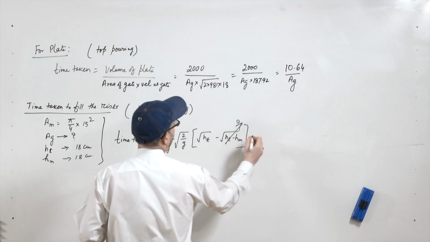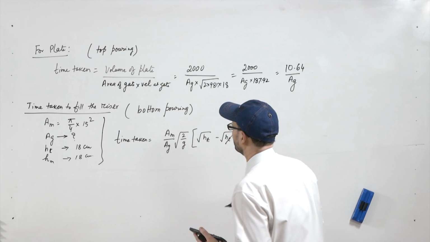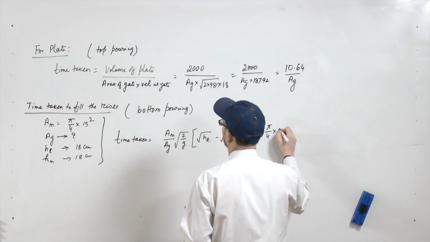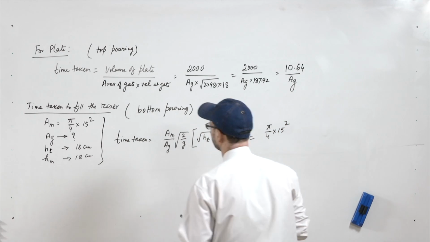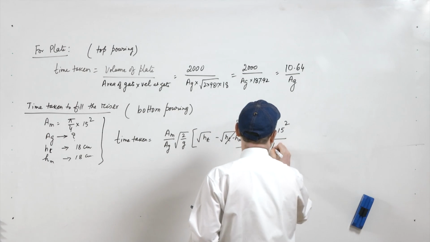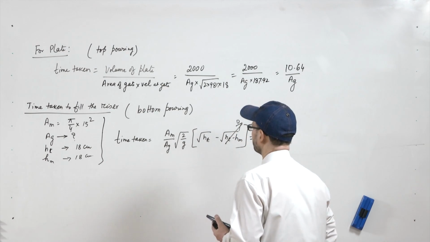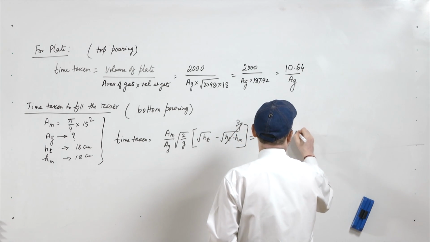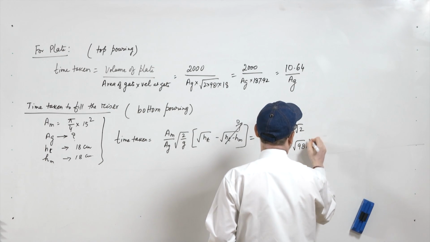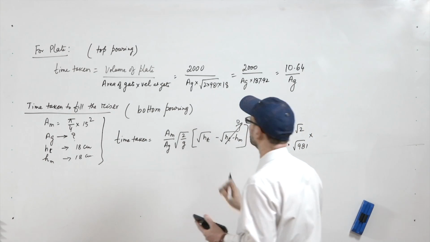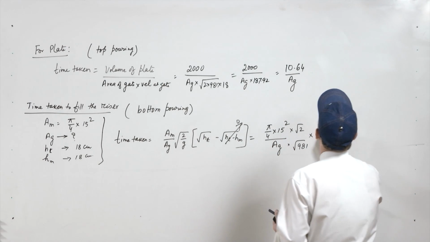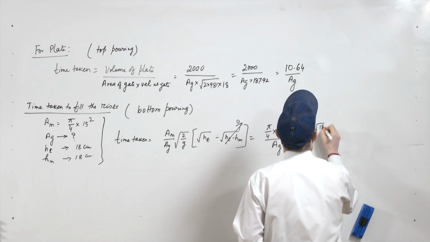This will be equal to Am, pi by 4 into 15 square, upon Ag, into root 2 upon root 981 multiplied by under root Ht. That Ht is given as 18, so it will be under root 18.